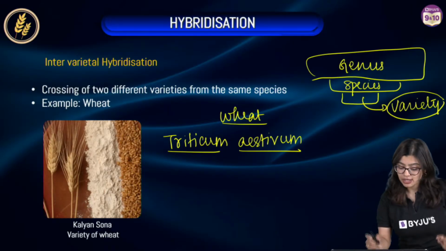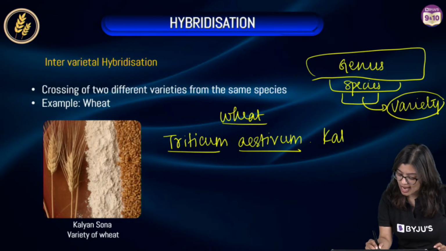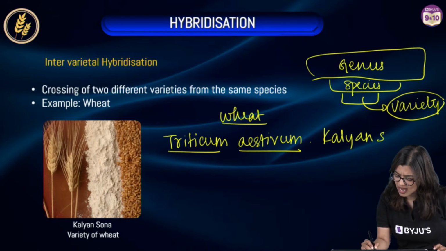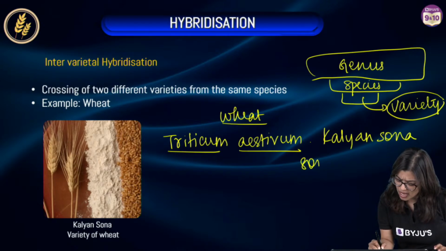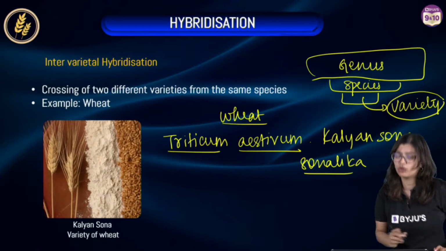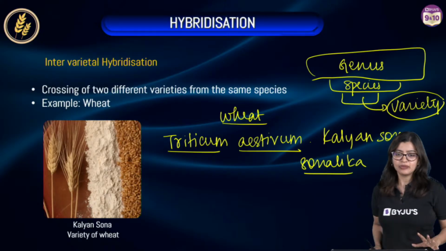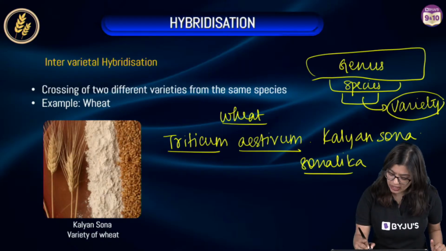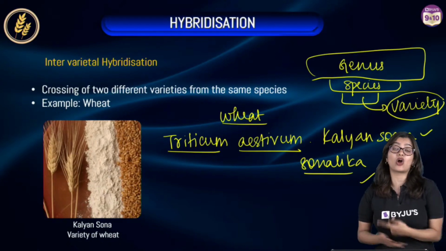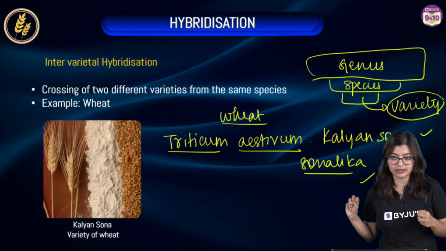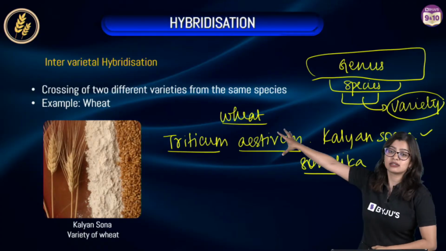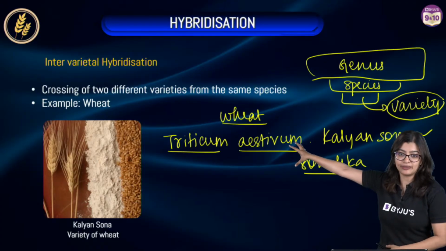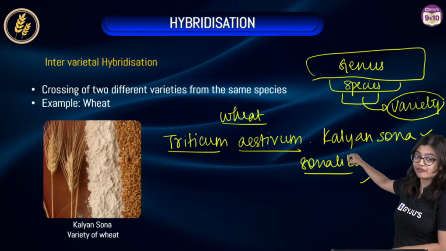Under this we have, I'm sure you have heard of, Kalyan Sona and Sonalika wheat. I'm sure you may not have heard about them, but these are all various names by which we identify wheat. They are all under the Triticum aestivum category only, but still they are slightly different.